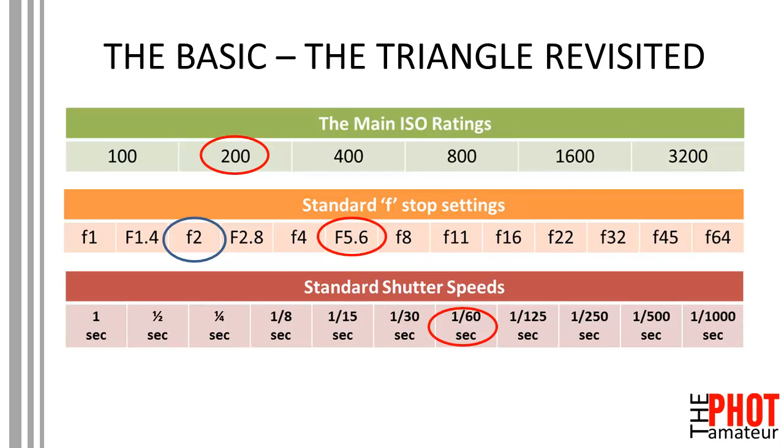So the meter on your camera is telling you you should be using f5.6 at a 60th of a second, but you're saying, no, hang on a minute, I know what I'm doing here. I actually feel this shot would benefit from a wider aperture. And you say, I want f2. Well, we can see that's 1, 2, 3 stops along. So if we're opening the aperture up, thereby letting more light in, what do you think we need to do with this shutter speed?